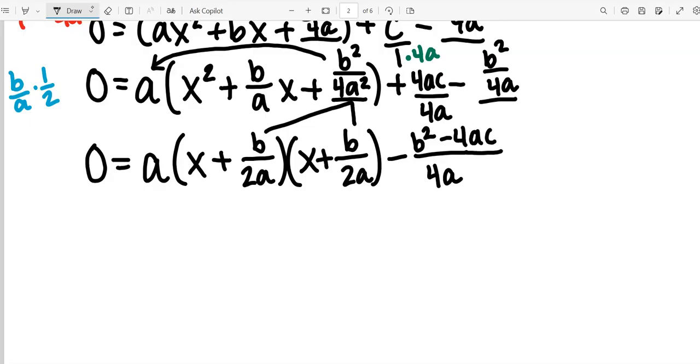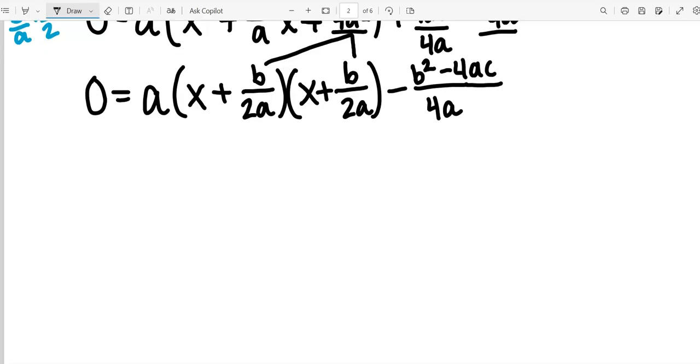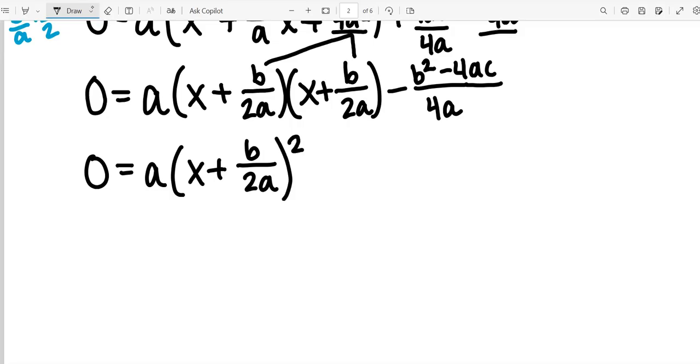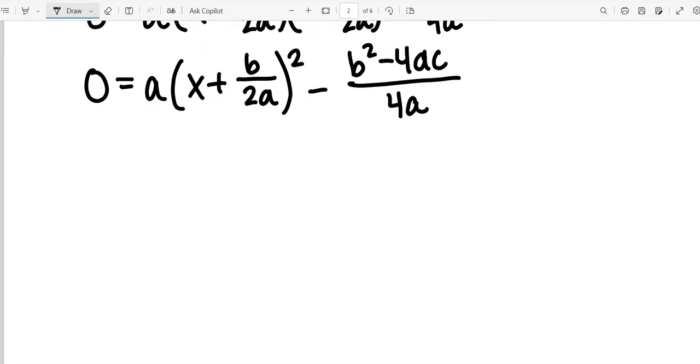Is everybody following me? Anybody lost? It's just math magic right here. What are we ready for? Vertex form, yeah. 0 equals a times x plus b over 2a squared minus b squared minus 4ac over 4a. Okay? How do I solve?